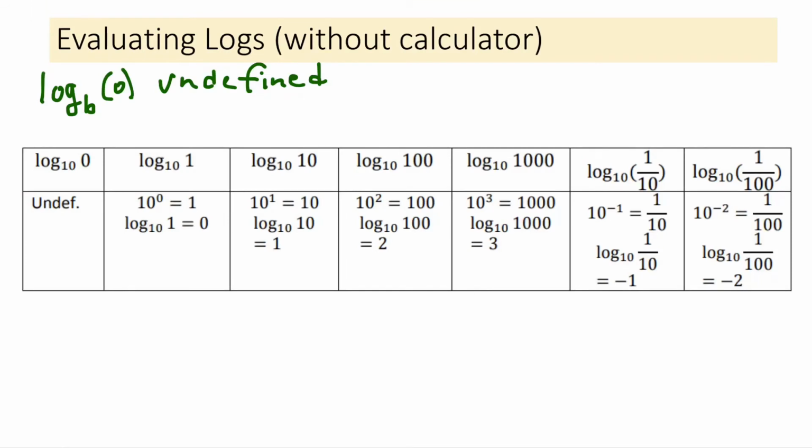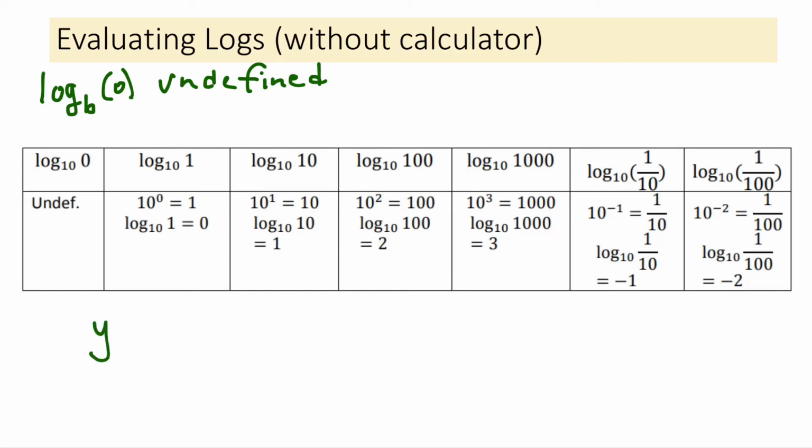So let's talk about how to evaluate logs now in this table. Looking at the first column here, log to the base 10 of 0, the value of that is undefined. Anytime you have a 0 here in the input spot, you're going to be undefined. Let me just remind you of why that is the case.